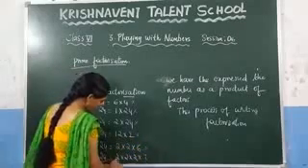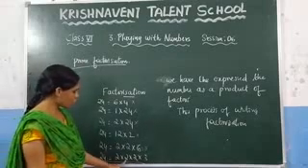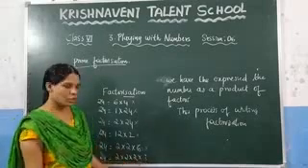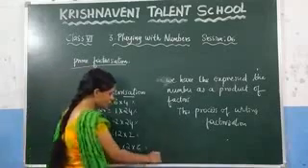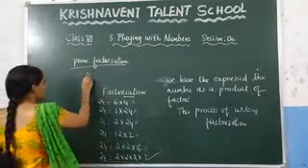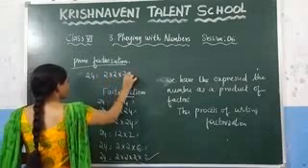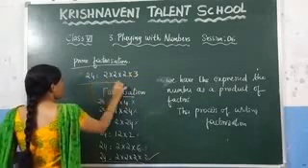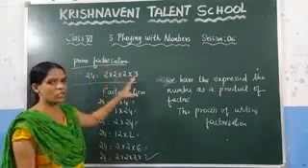If you consider the last case, you can observe that we have written 24 as 2 into 2 into 2 into 3. And you know that 2 is a prime number and 3 is a prime number. This condition is true in the case of prime factorization. So we have written 24 as 2 into 2 into 2 into 3. What is meant by prime factorization? We need to write the number as a product of prime numbers.